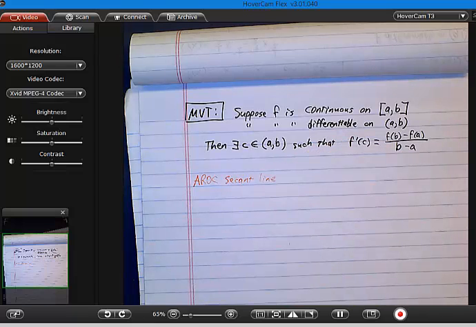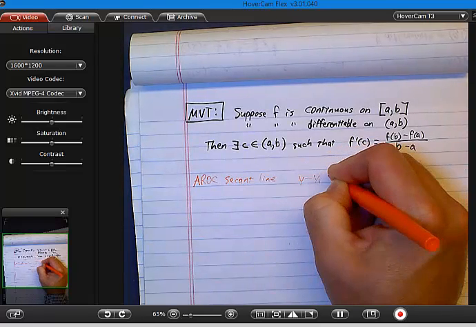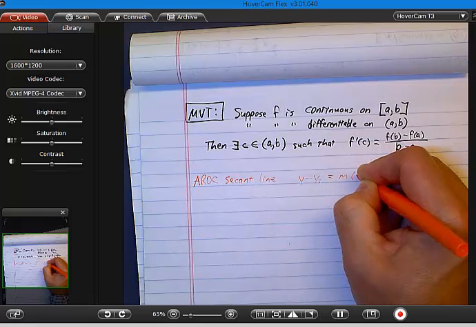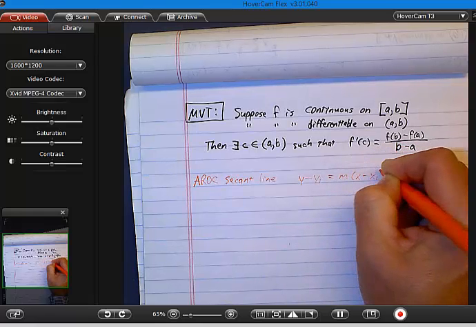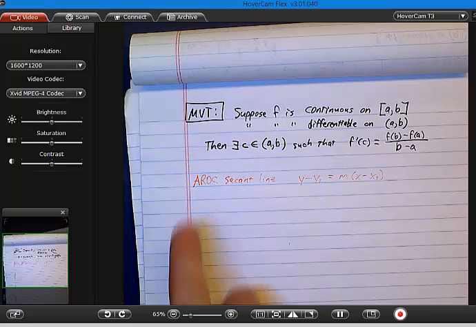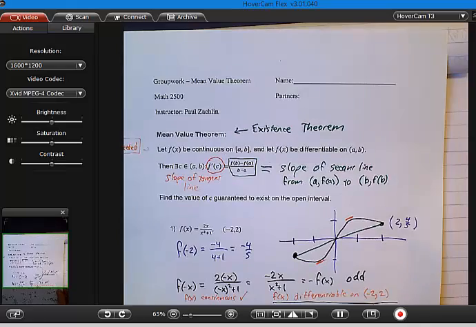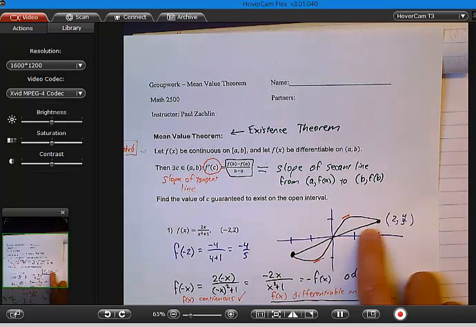Well, the AROC secant line looks kind of like this. y minus y1 equals m times (x minus x1), right? Now, any line looks like that. When I say the AROC secant line, on my picture from before, I'm talking about this green line right here.